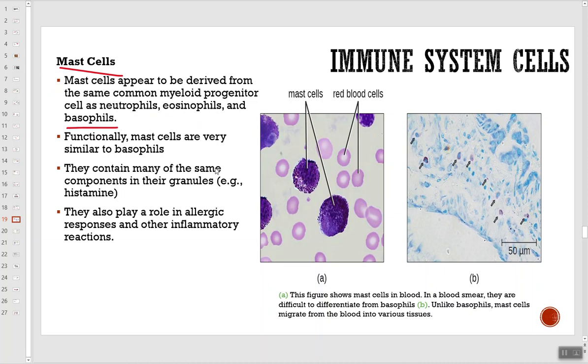Apparently they've decided that's not the case, but anyway. They have the histamines, allergic responses. These guys are all about pro-inflammatory. And of course the mast cells will be in the tissues, whereas the basophils are basically blood-borne.